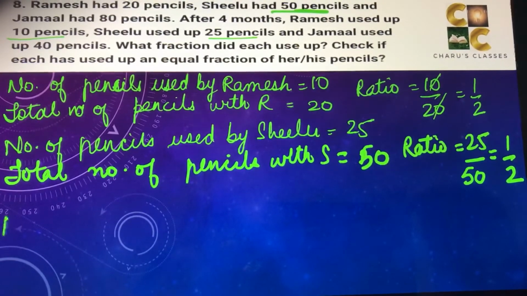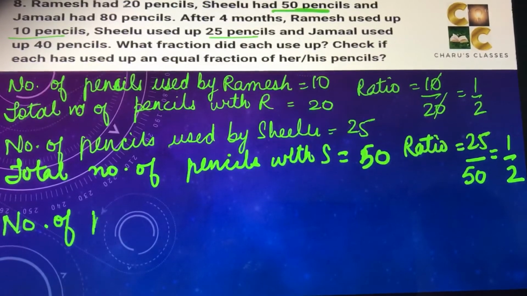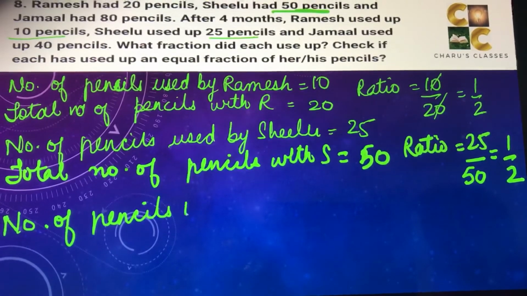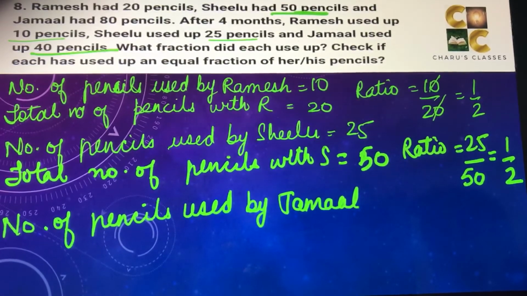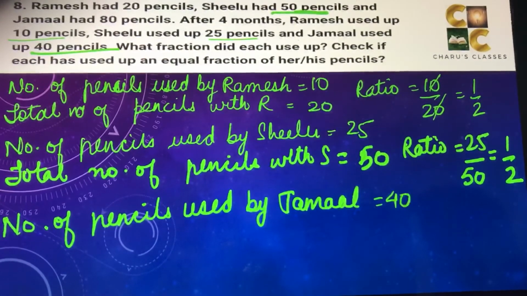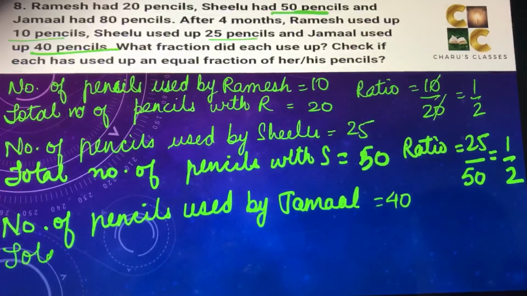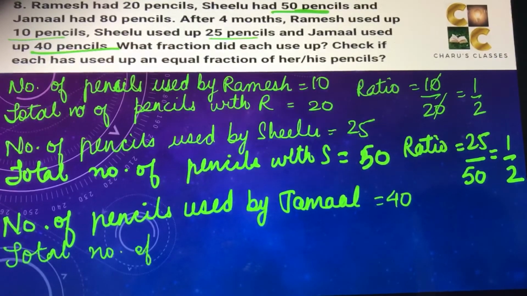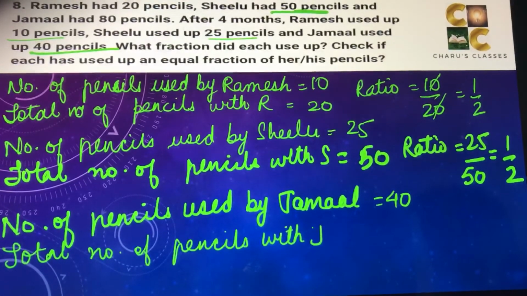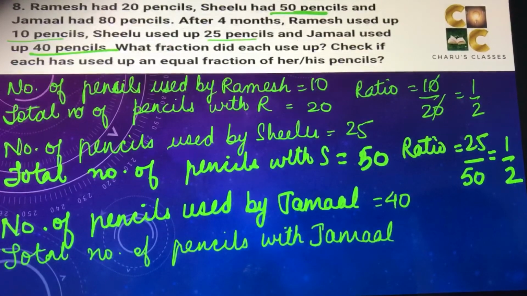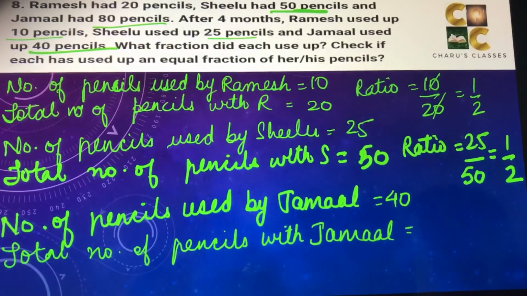Next we are checking for Jamal. So number of pencils used by Jamal. Jamal ने 40 pencils use की, so we'll write it as 40. And the total number of pencils with Jamal were 80.